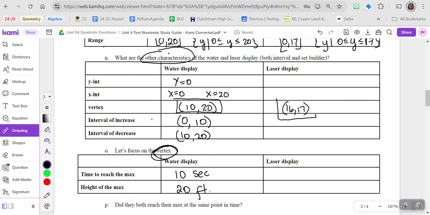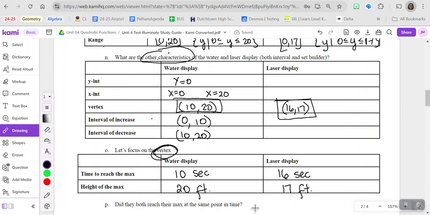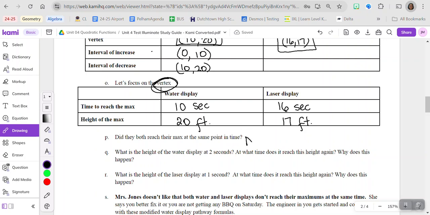Looking at the vertex for the laser display, the time to reach the maximum was 16 seconds, and the maximum height is 17 feet. Did they both reach their maximum at the same point in time? No. The water reached the maximum at 10 seconds, and the laser reached the maximum at 16 seconds.